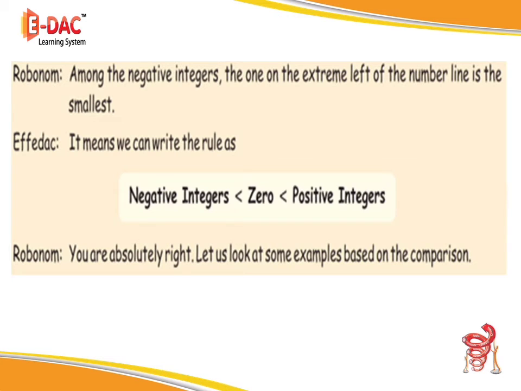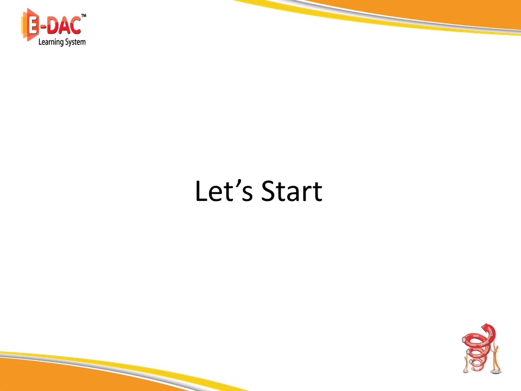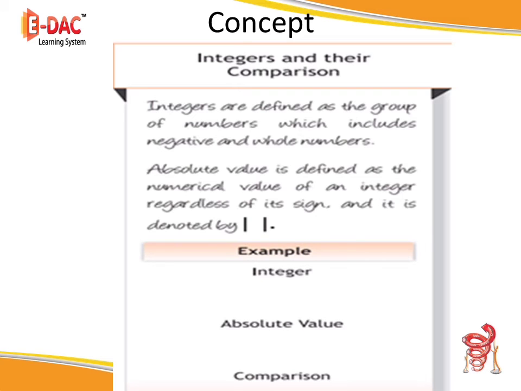Let us look at some examples based on the comparison. Let's start. Concept: integers and their comparison. Integers are defined as the group of numbers which include negative and whole numbers. Absolute value is defined as the numerical value of an integer regardless of its sign.